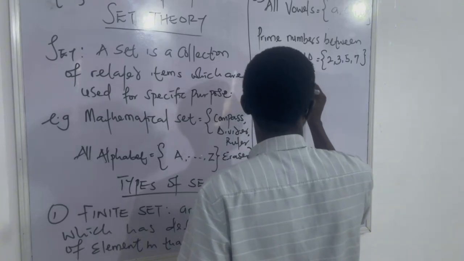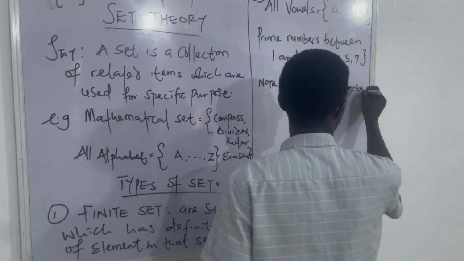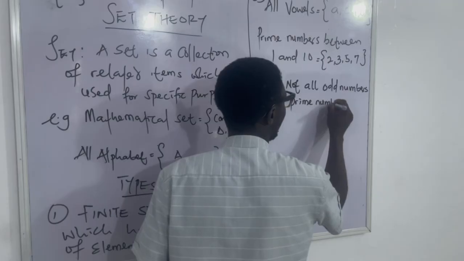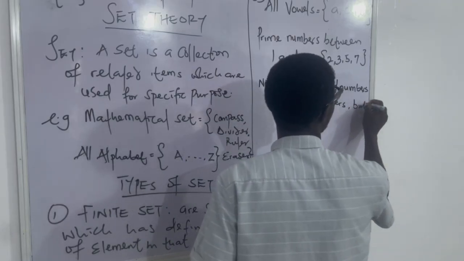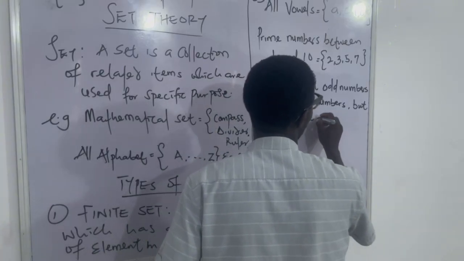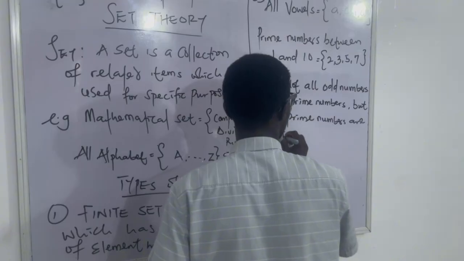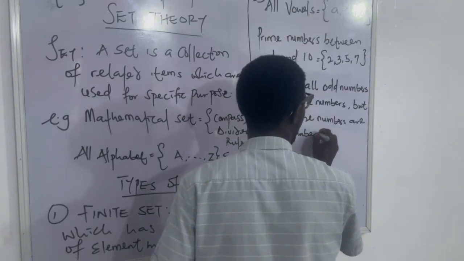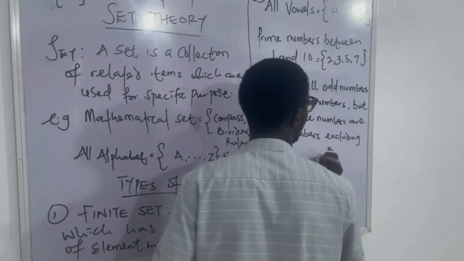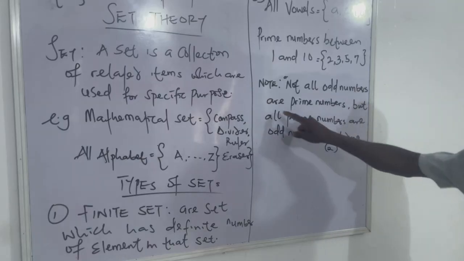So note, not all odd numbers are prime numbers, but all prime numbers are odd numbers, excluding 2.